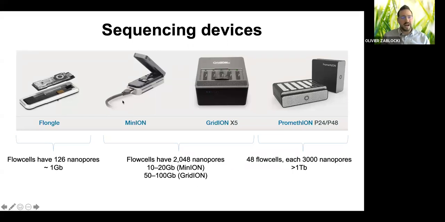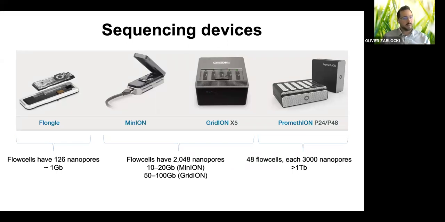Then you move up to the MinION, which has a higher capacity flow cell, about 2,000 of them, and can generate 10 to 20 gigabases. And when you combine multiple of these flow cells on a GridION, you obviously quintuple the base output. And if you go even further, this is more like a sequencing center grade instrument where the flow cells have much higher throughput and can generate really a lot of sequencing data.